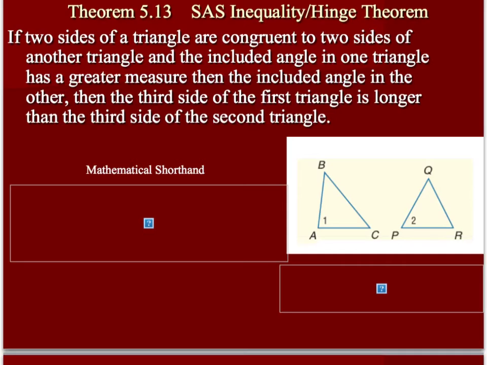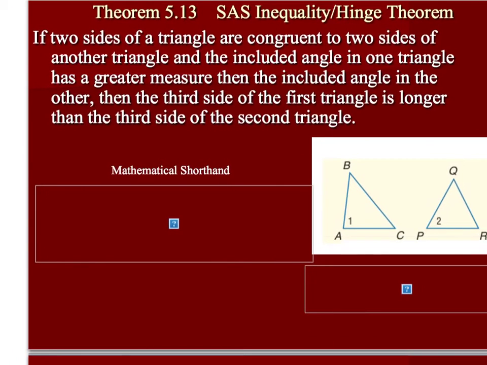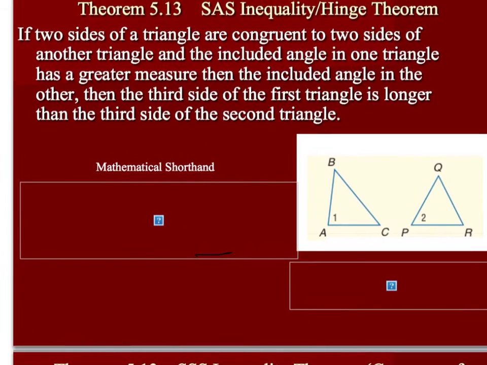The side angle side inequality theorem, or the hinge theorem, says: if two sides of a triangle are congruent to two sides of another triangle, and the included angle in one triangle has a greater measure than the included angle in the other triangle, then the third side of the first triangle is longer than the third side of the second triangle.